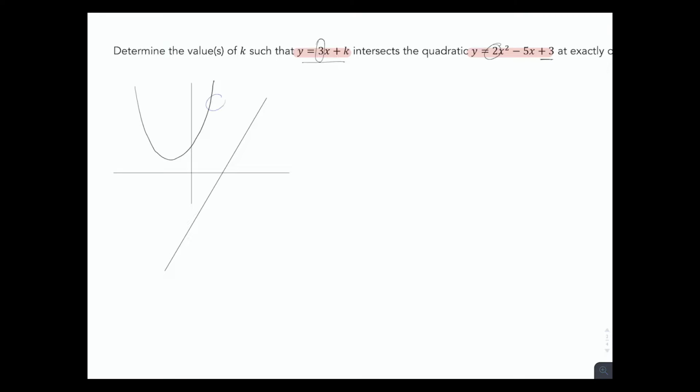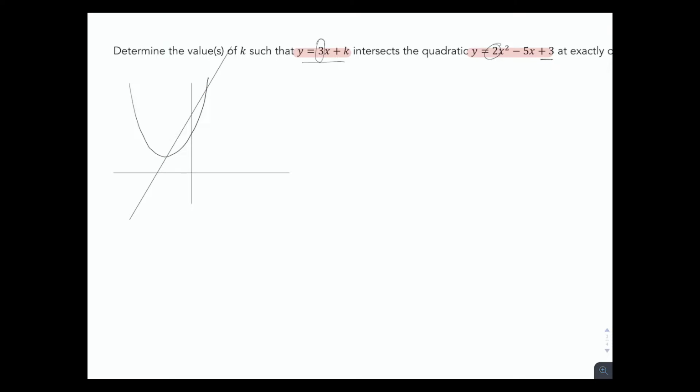Now, the parabola could be maybe over here or here. We don't know. But what we do know is that it opens up and the line is going to intersect it at exactly one point. This is no points, this is 1 point, that would be 2 points, namely here and here.